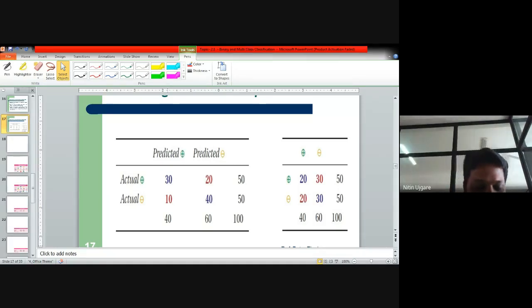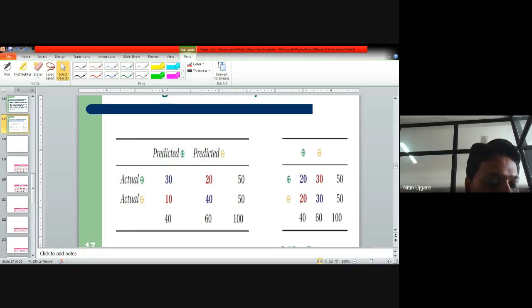So let us now discuss the next part of classification. As I just mentioned in the recap, we have already seen the classification task, mapping function, and two types of classification task, that is binary classification and multi-class classification.